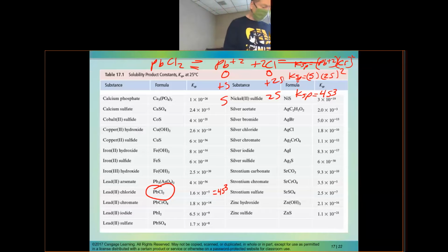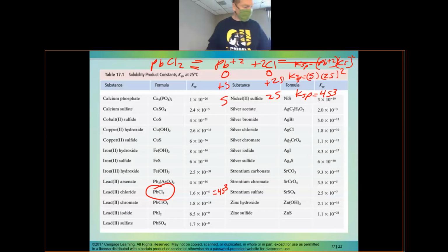In this case, you take your 1.6 times 10 to the negative 5, divide that by 4. And then you take the cubed root of that.